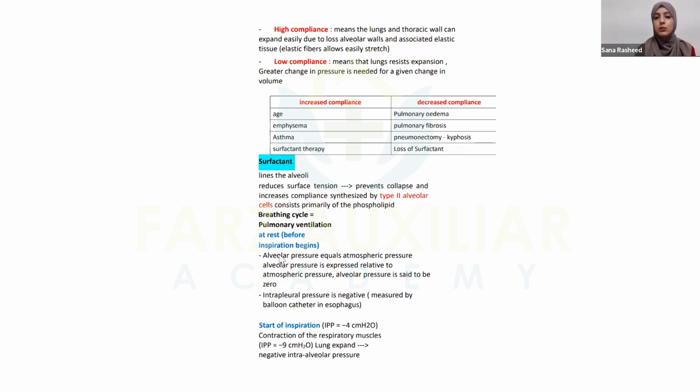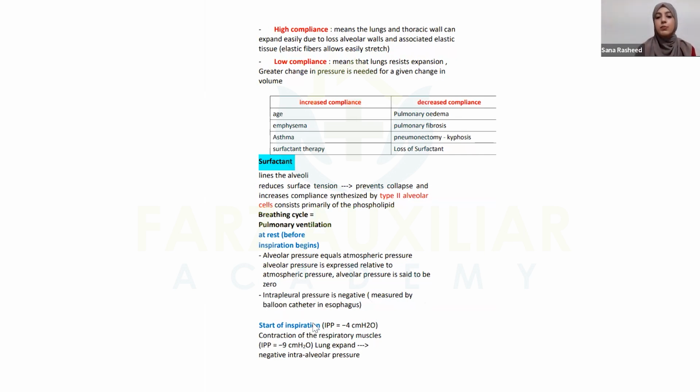Just before we inspire air, when we are resting, the alveolar pressure is equal to the atmospheric pressure. Alveolar pressure is expressed relative to atmospheric pressure, and is said to be 0. The intrapleural pressure is negative. Intrapleural pressure is the pressure present between the visceral and the parietal pleura, and it is negative. We can measure it by a balloon catheter in the esophagus.